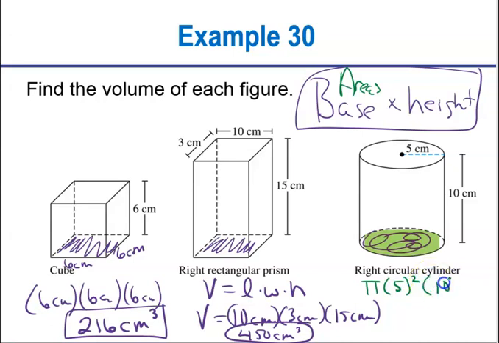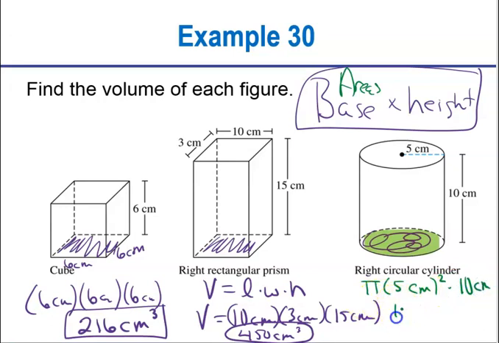Times 10 centimeters. Now, let me go back and put the units in there because I want you to be very clear about the units for volume. So this is 5 centimeters and the square is on the outside. This is pi r squared, again the area of this circle, times the height, which is 10 centimeters.